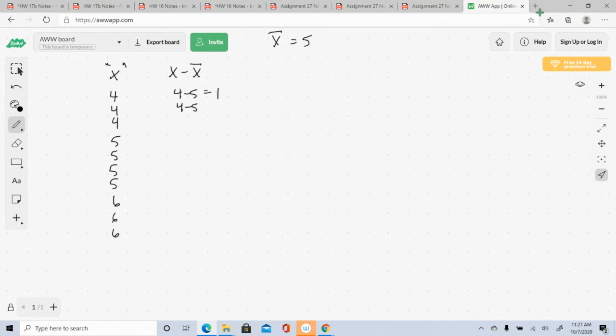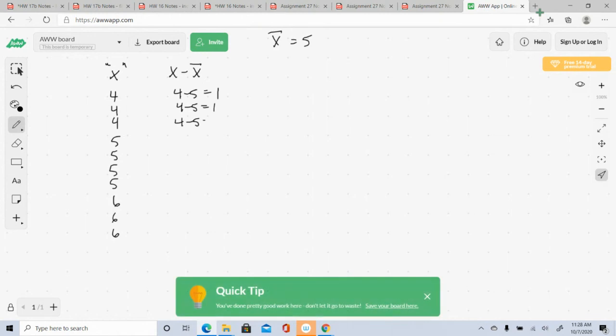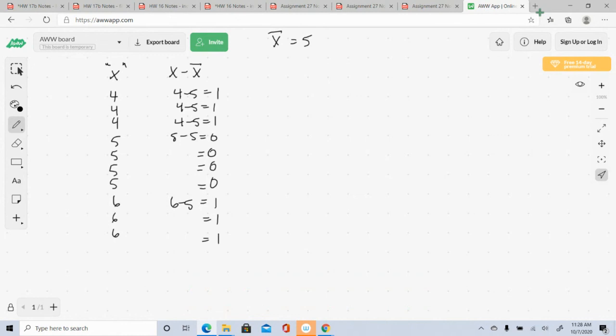That's going to be the same thing here, 1, 1, 1. And if we did 5 minus 5, you get 0. That's going to be the same for all the 5s, they're all going to be 5 minus 5. Then we're going to do 6 minus 5, which is 1, and 6 minus 5 again, and 6 minus 5 again. So those are all the x minus x bar.